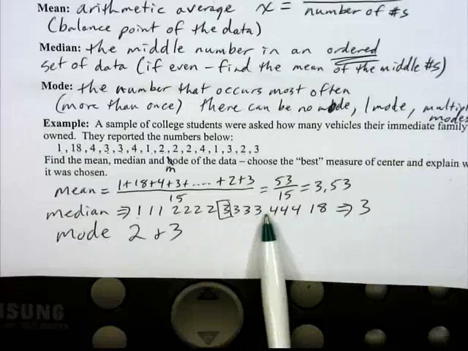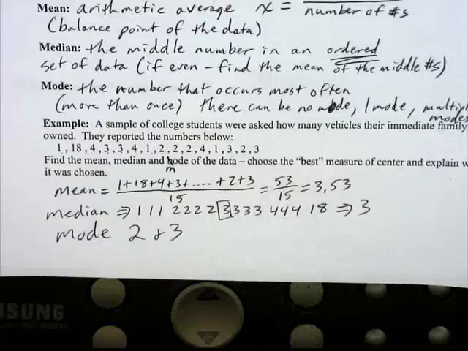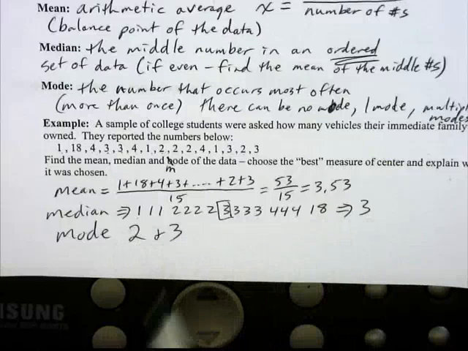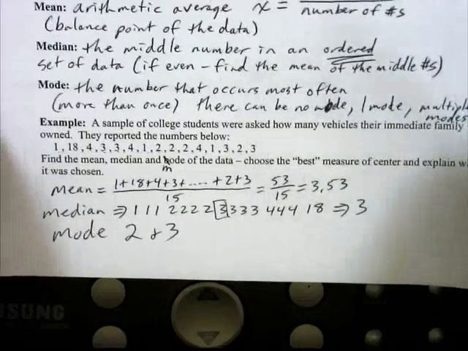This one, notice, is way over here, and it's skewed by that 18. And one of the problems with mean is that it is skewed when you have large numbers that are sort of disproportionate to the rest of the data. Sometimes the mean is going to be the best measure of the central tendency. Sometimes the median is. Sometimes the mode is. Kind of depends on the data that you're working with.